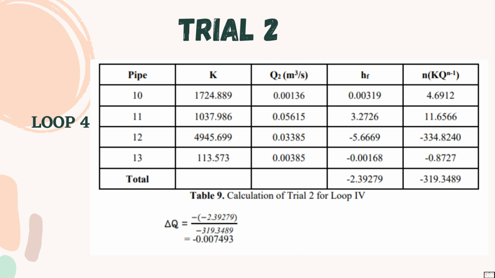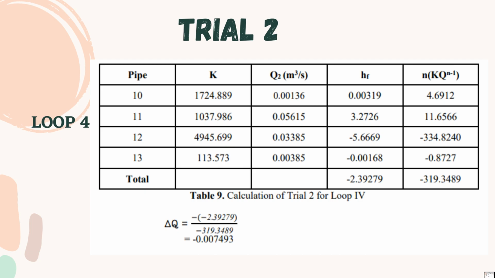Our K for pipe 10 is 1724.899 and pipe 11 is 1037.986, while pipe 12 is 4945.699 and pipe 13 is 113.1573.